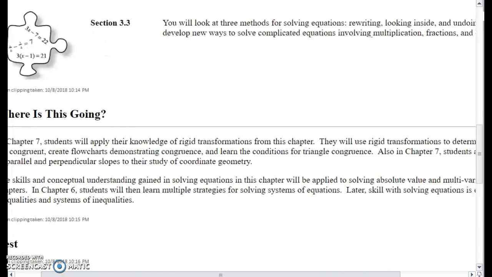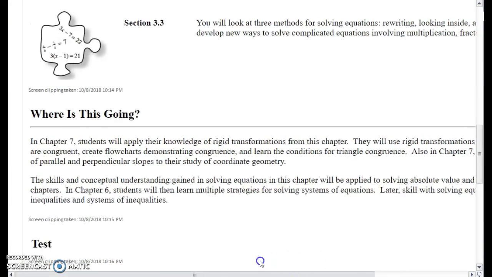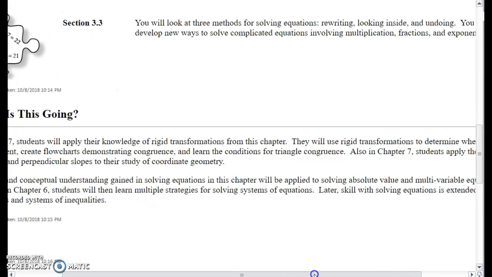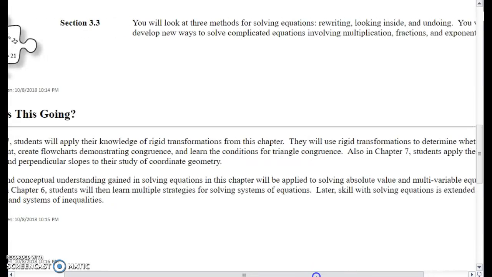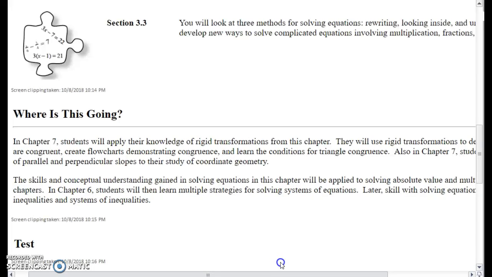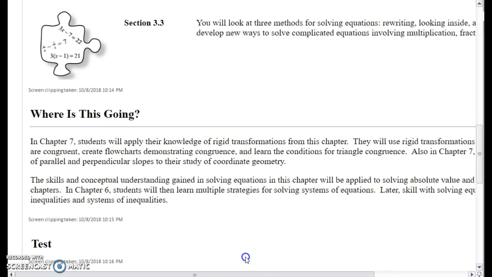And we'll use rigid transformations to determine whether triangles are congruent, and we'll create flowcharts to demonstrate congruence and learn the conditions for triangle congruency. And also in Chapter 7, you will determine whether lines are parallel and perpendicular using slopes for your study in coordinate geometry.